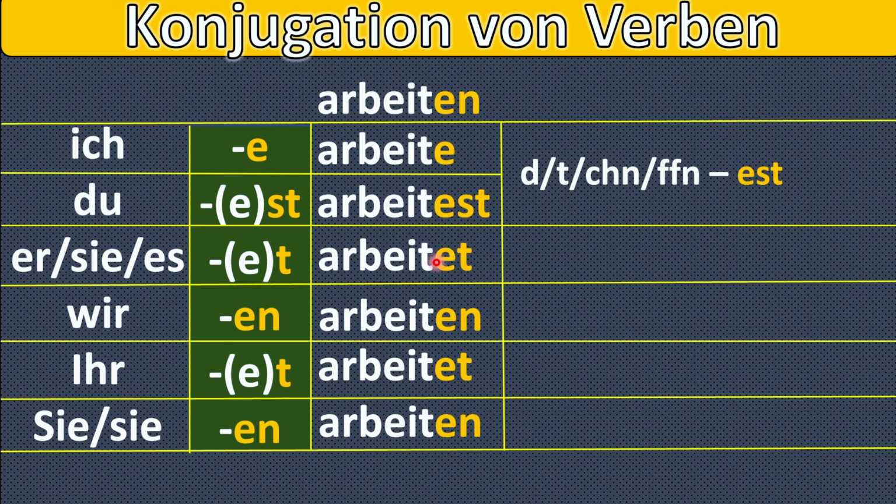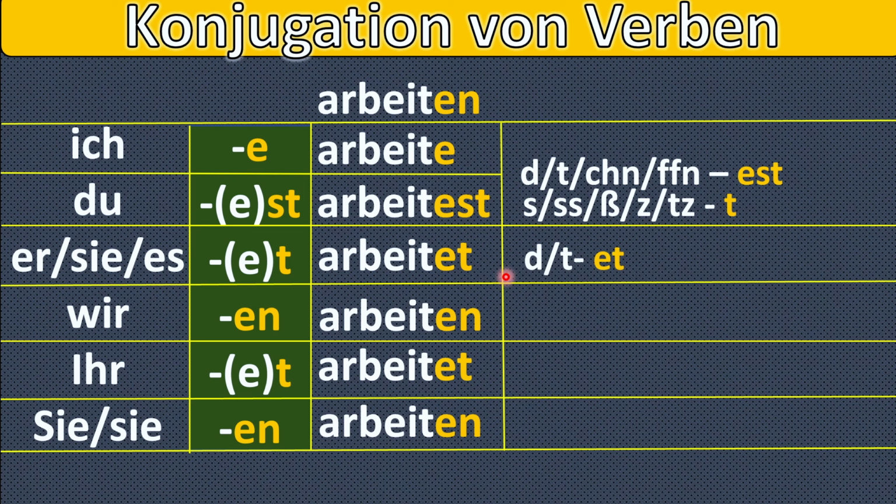If the base ends in d, t, ch, n, f, then you need e. Arbeitest. If s, double s, ß, z, tz, just t.